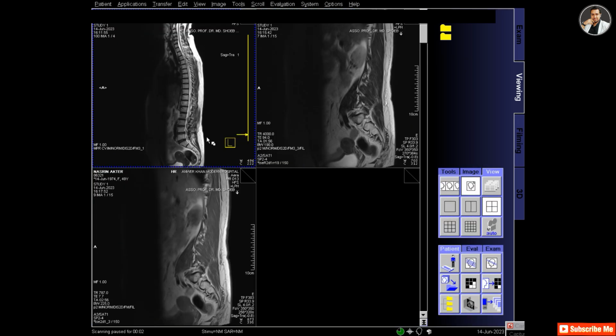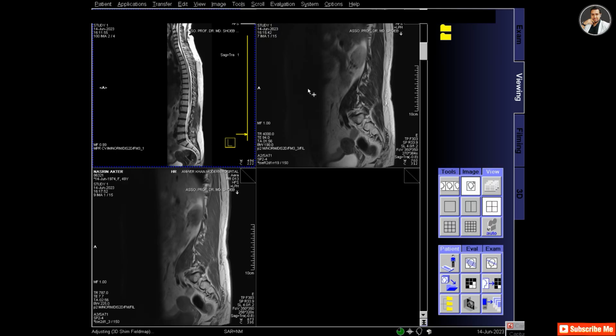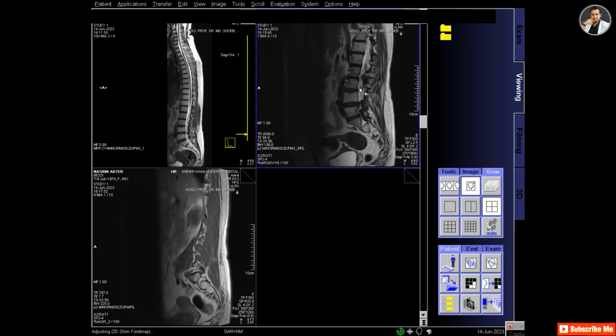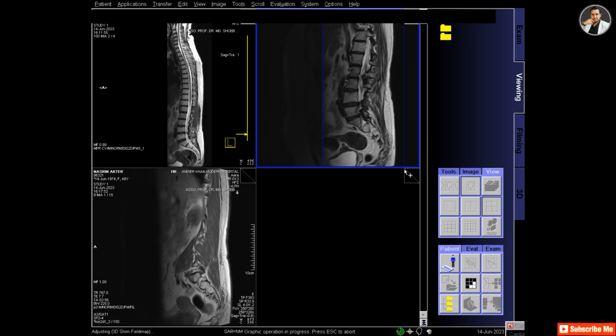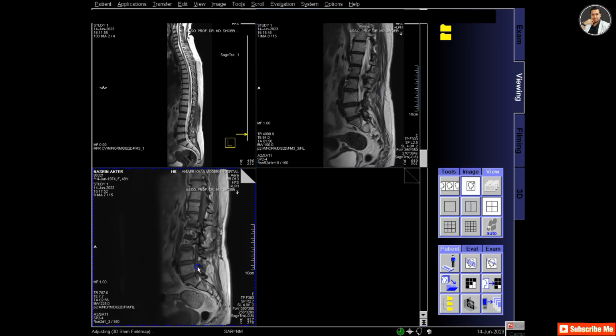So this is the whole spine that I made in 3D, and this is the mid sagittal whole spine. You saw that the spine was curved, but because of my planning and the 3D technique, I was able to make this whole spine in the mid sagittal plane.